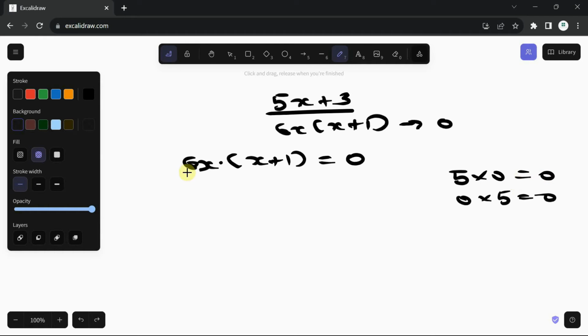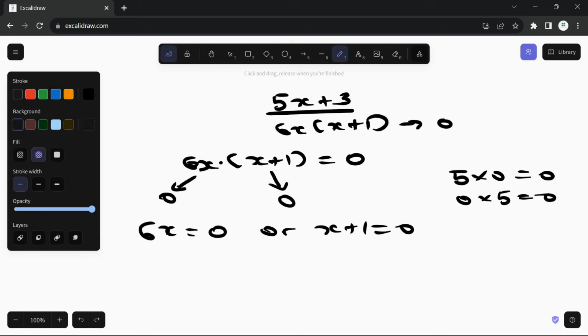So either 6x is 0 or x plus 1 is 0. Just remember what we did here. So we can say either 6x is equal to 0 or x plus 1 is equal to 0.